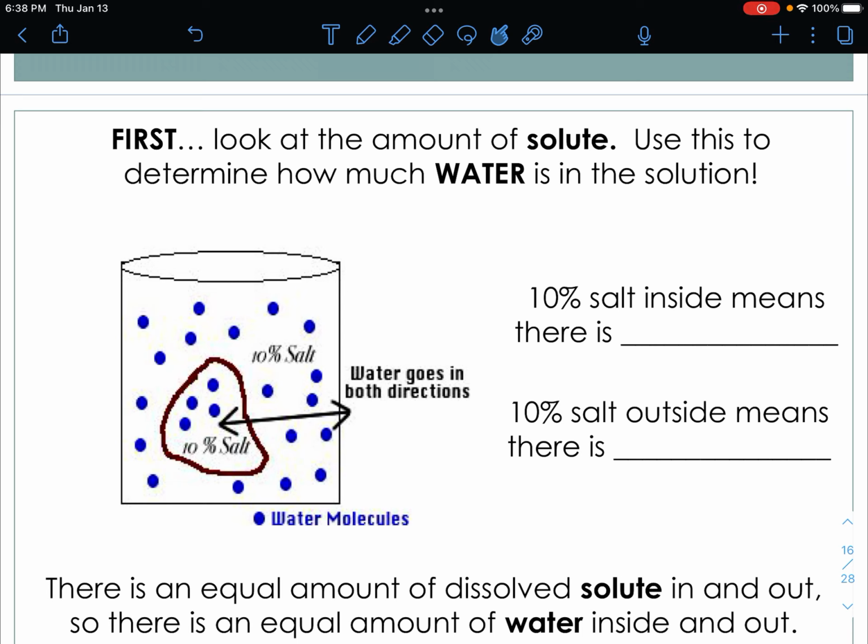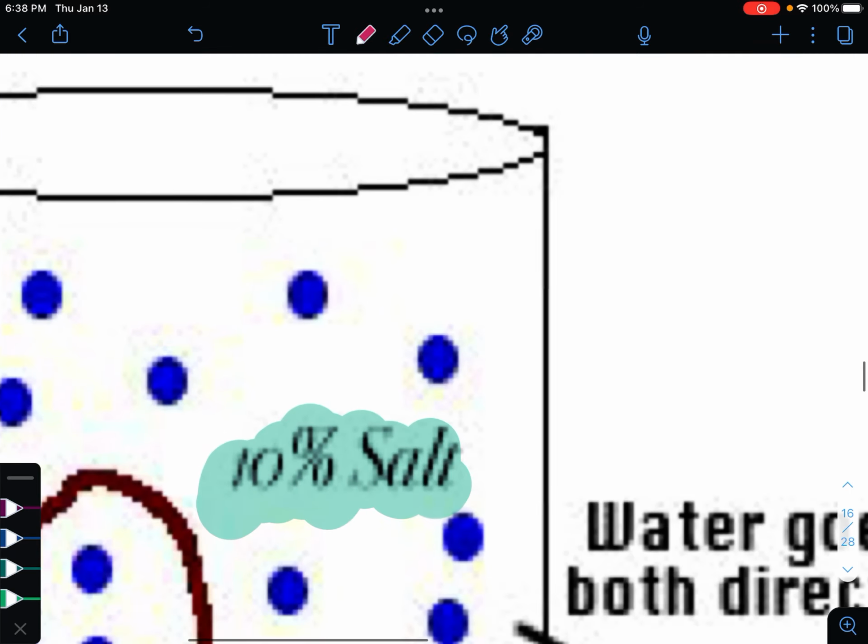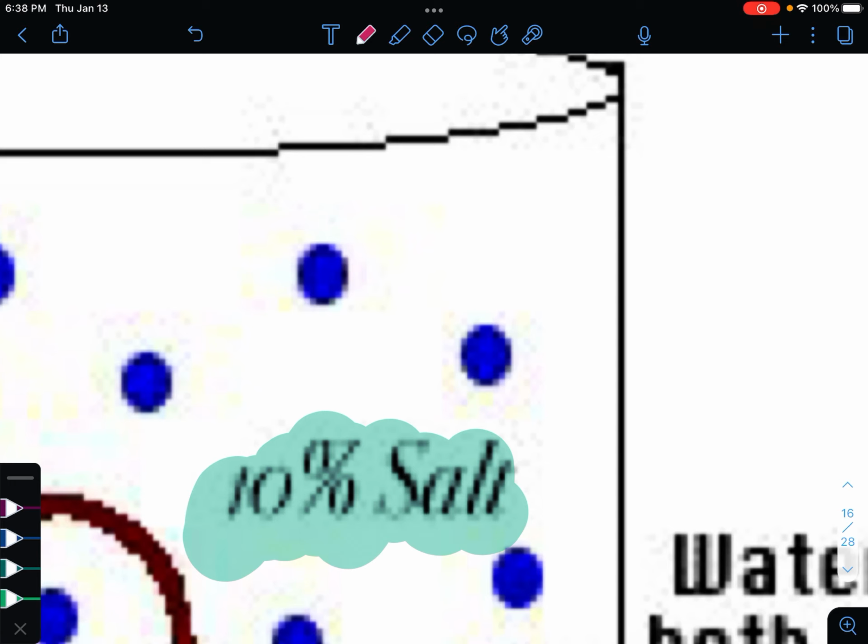All right, so if we think about it, 100% is the highest percentage that we can have. So if inside our beaker there is 10% salt, that means that 100 minus 10, there has to be 90% water. I'm gonna abbreviate that H2O.